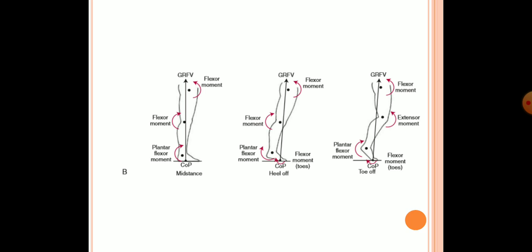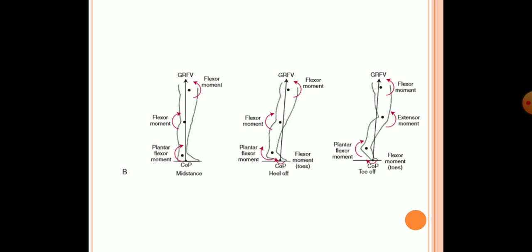Almost the same as what is happening in the mid stance phase. That means the line of gravity is passing anterior to the ankle joint, almost through or anterior to the knee joint and posterior to the hip joint. So it will produce a typical plantar flexor moment in the ankle joint and a flexor moment in the hip joint.